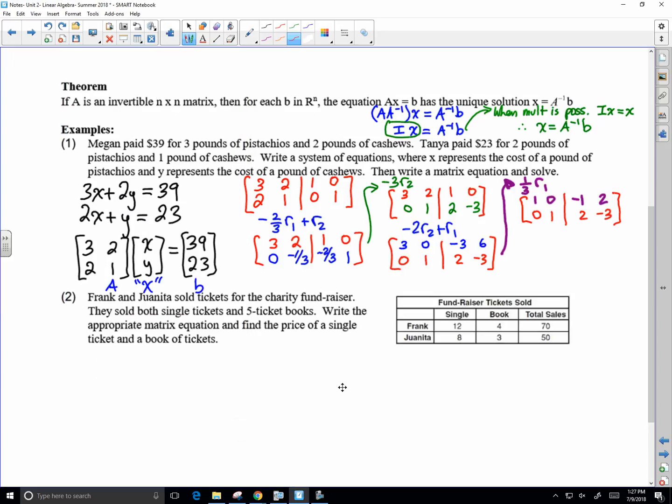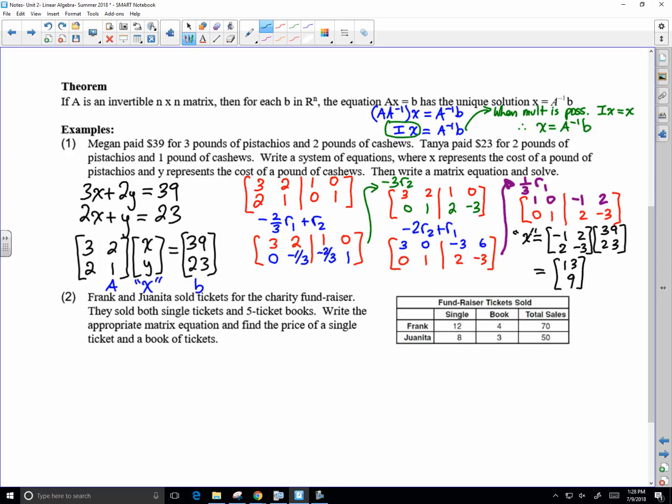Oh, good. Shocking. All right, so if I find the product of my inverse matrix and my B vector, 39, 23, the quote-unquote X, and negative 39 plus 46 is going to be what, 7? Then negative 78 plus 69, so 9.